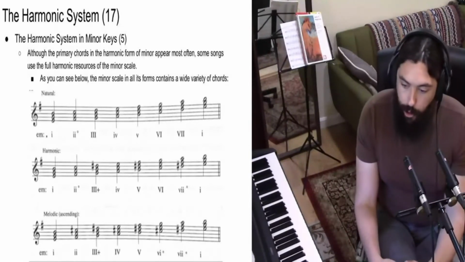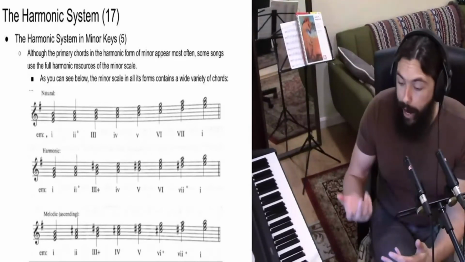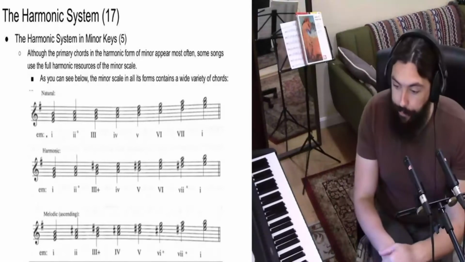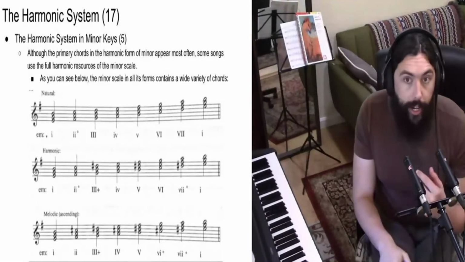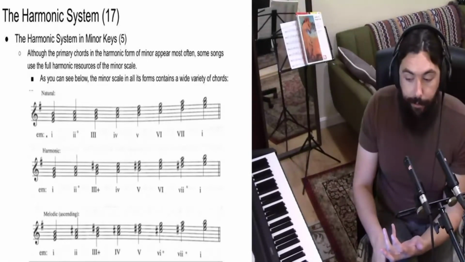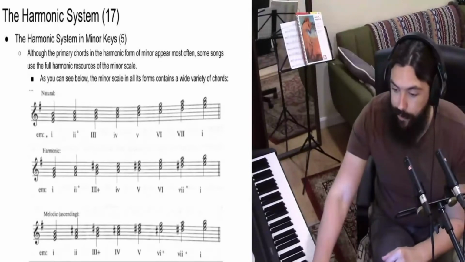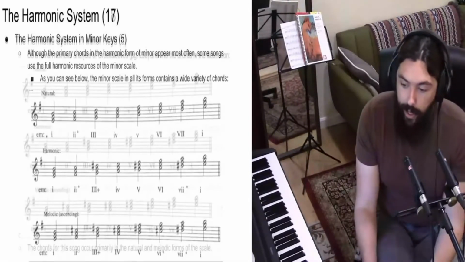So this little chart here shows the minor scale in all 3 of its forms, natural, harmonic, and melodic, and contains a wide variety of chords, right? Because each one's a little bit different, right? Like we learned back when we studied minor scales earlier this semester.